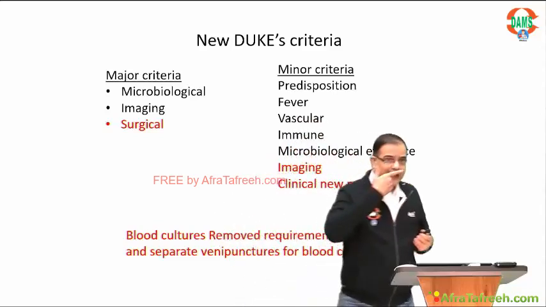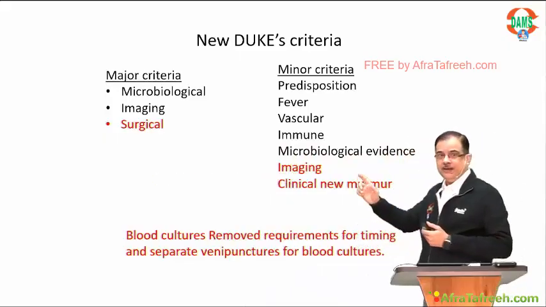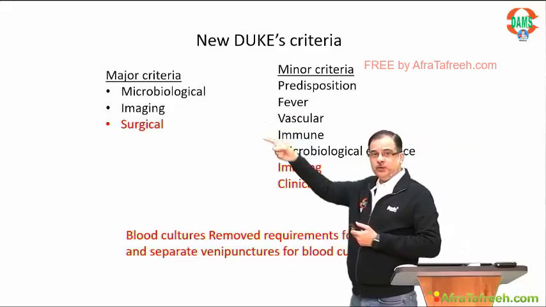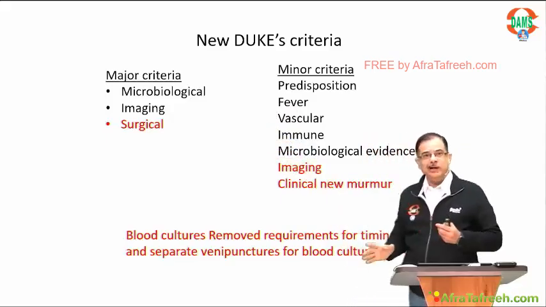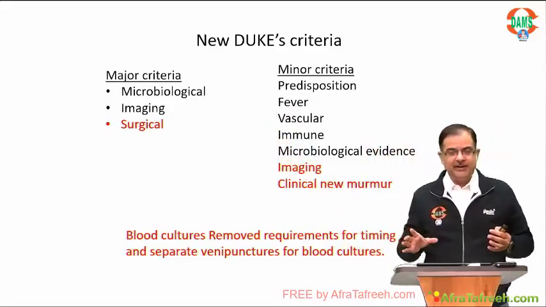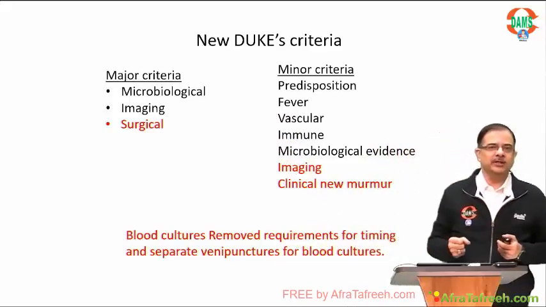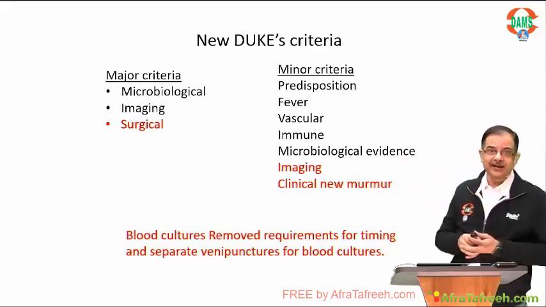While in the minor criteria, you can recall that 5 minor criteria were there: predisposing factor, fever, vascular phenomena, immune phenomena, and microbiological evidence not satisfying the major criteria. So 2 are added here.